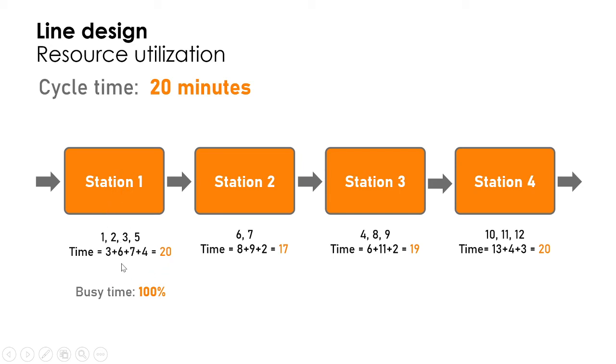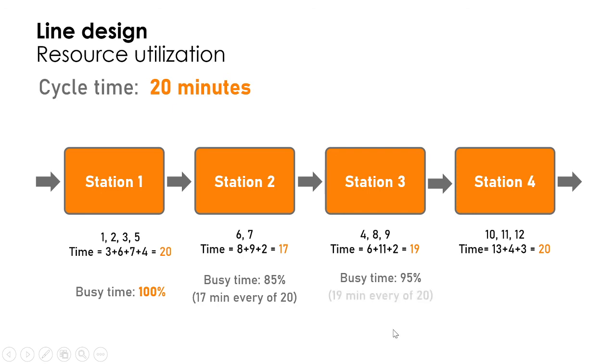So that is the cycle time, and since we're producing 1 amplifier every 20 minutes, that means station 1 is busy all the time. It's 100% busy because every time it finishes with an amplifier, it starts working on another one right away. But station 2 only works 17 minutes out of every 20, which is 85% occupation for this station.